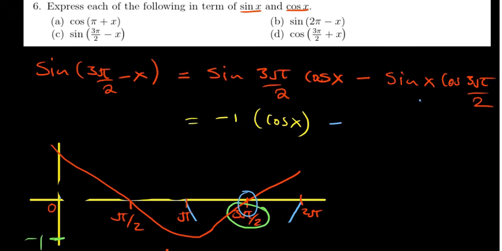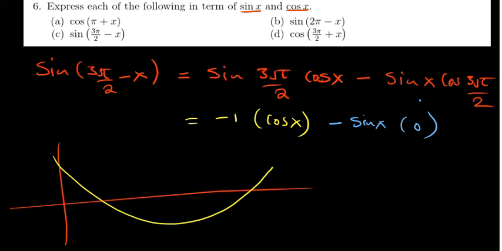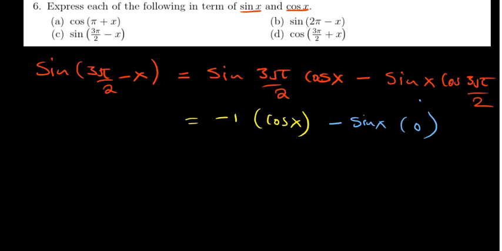So we have minus sine of x and a 0. Hopefully I'm right there. This is where the graph comes out. Yes, it's at 0. So we are just going to remain with negative cosine of x. The other part will be eliminated.